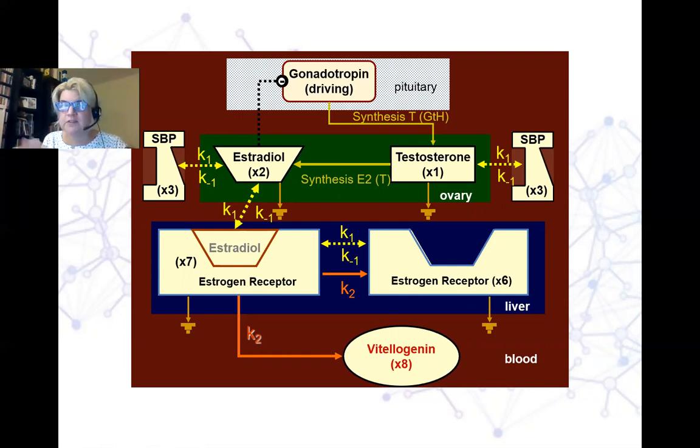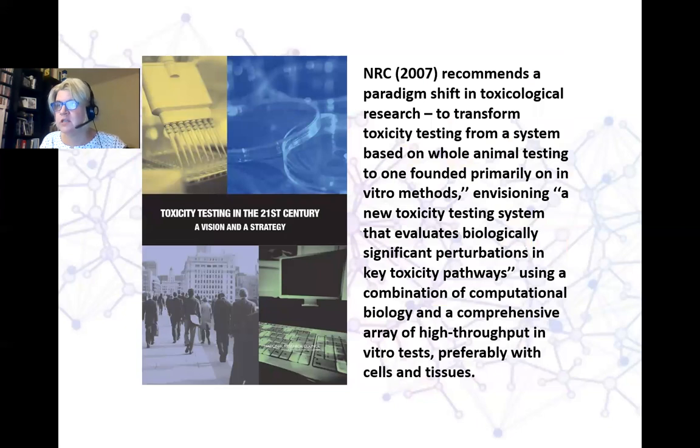Right about then, there was this National Research Council report in the US, Toxicity Testing in the 21st Century: A Vision and Strategy, which recommended a paradigm shift in toxicological research. We wanted to transform toxicity testing from systems based on whole animal testing to one based on in vitro methods.